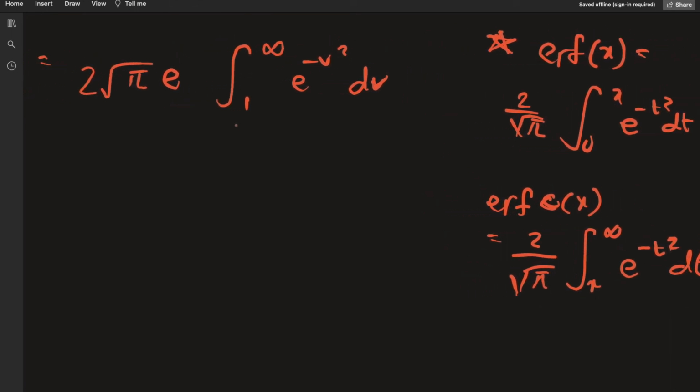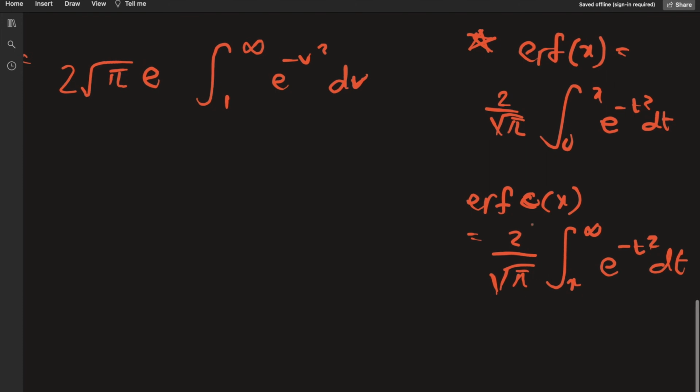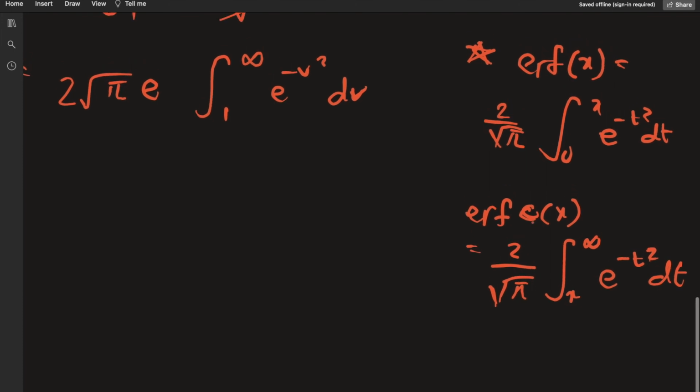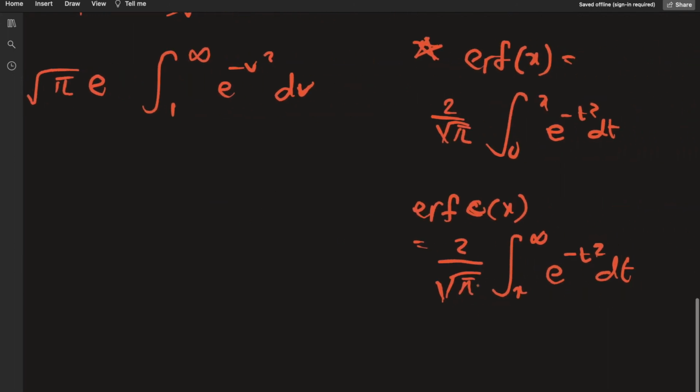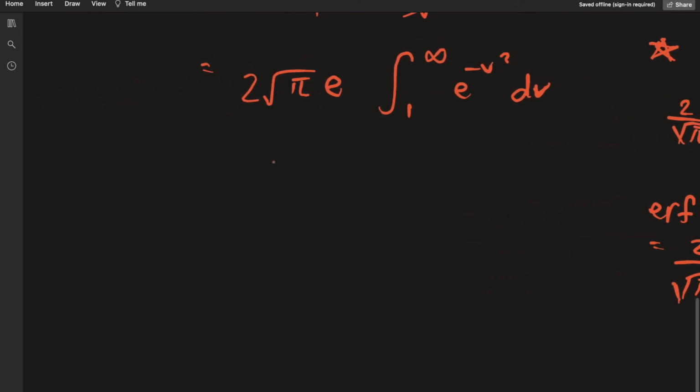Here we have the complementary error function, because you think of x having a 1 there, so ERFC of 1. But we need this other factor 2 over square root of pi. So I'll just have to multiply and divide by that.